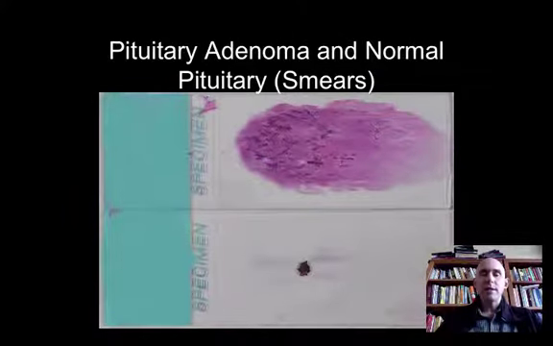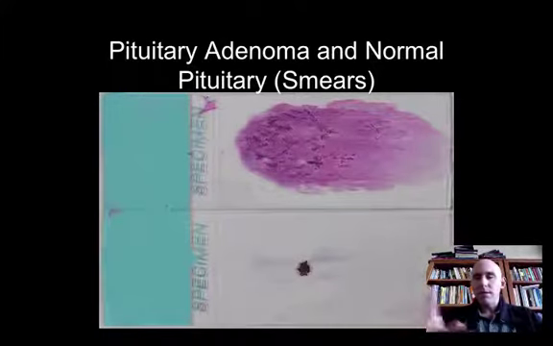Here, for instance, is a pair of cytologic preparations. They're both smear preparations. The slide on the top is a pituitary adenoma. You can see again how rich and lush that is, how much material is divorcing itself from the particles and staining the overall oval pattern of the smear.